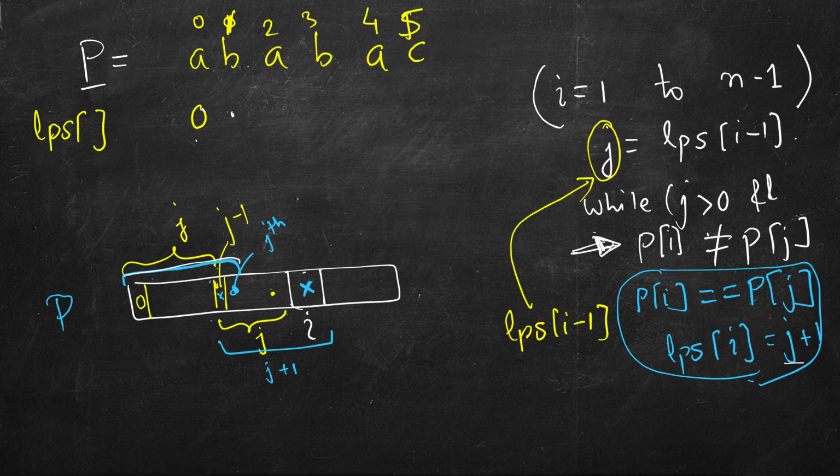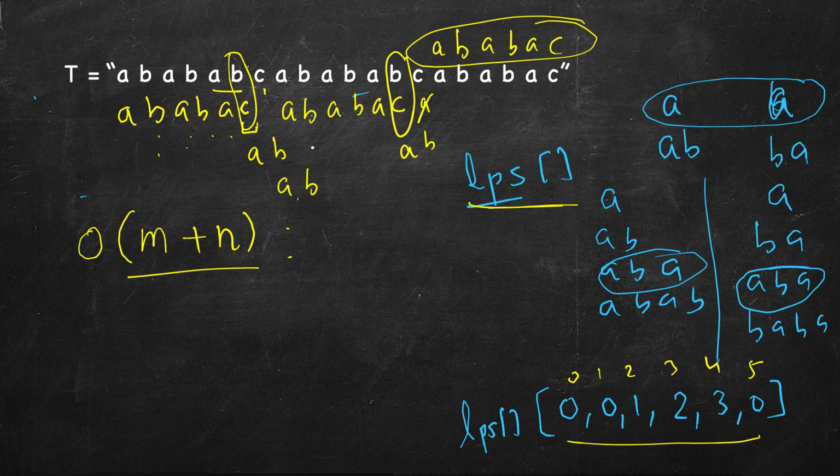So if this is the text and let's say it matched here, so j will be here at this point. So i minus j, that is, go j steps backward and return this index.